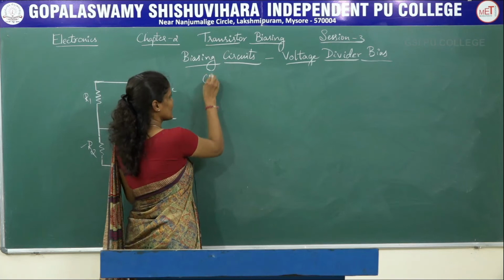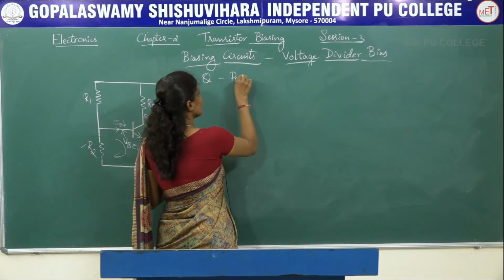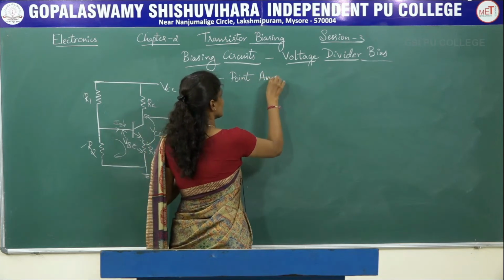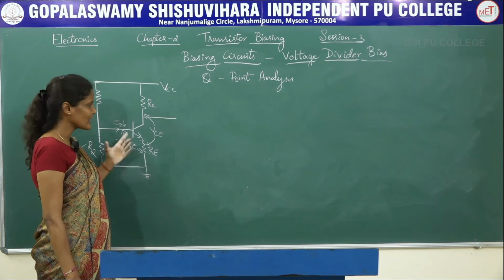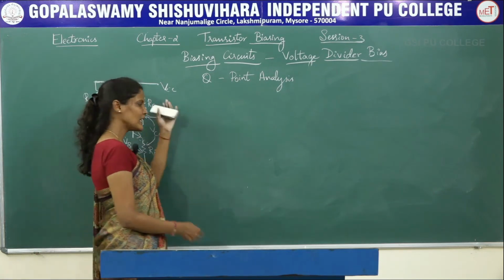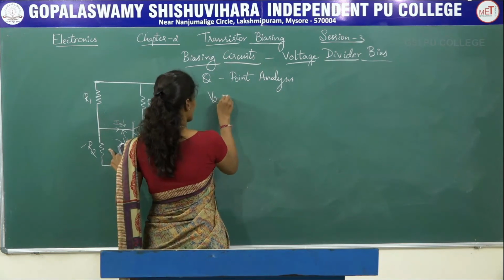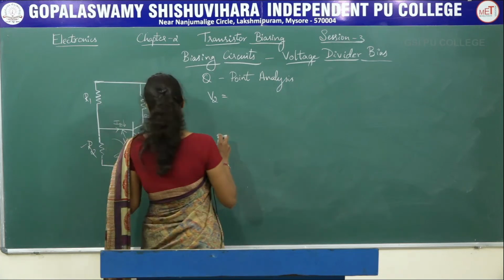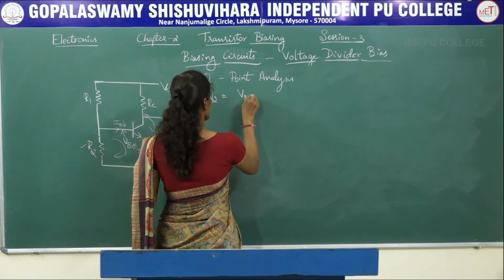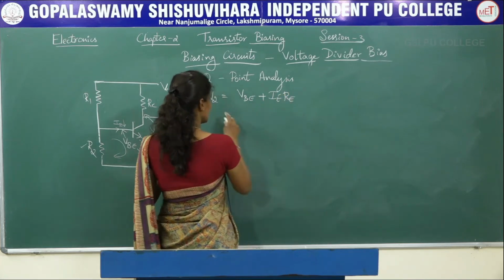Now let us do the last part of this voltage divider bias, that is the Q point analysis. Let us apply the KVL for this base region as well as for this collector region as we did in the earlier case. So applying KVL, we get the voltage across this resistor R2, named as V2. V2 equals VBE plus IE into RE.